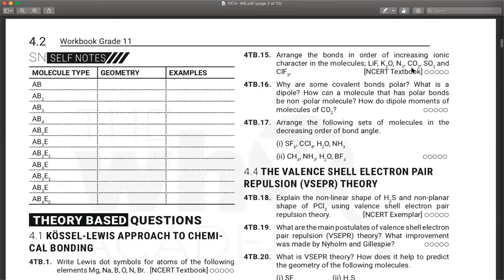Increasing ionic character means most covalent to least covalent, or most covalent to most ionic. This is a very good question. Think about this. Would N2 be the first one? N2, yes, because it is equally shared.